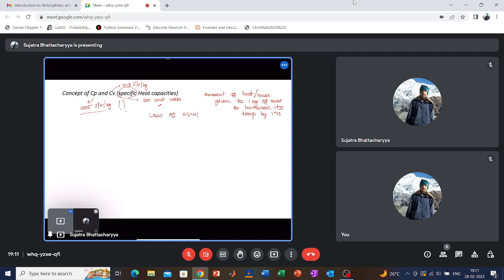The law of equipartition of energy. What does it say? It says that each degree of freedom will acquire an equal amount of energy, that is half kBT. So half kBT amount of energy will be given to each degree of freedom.